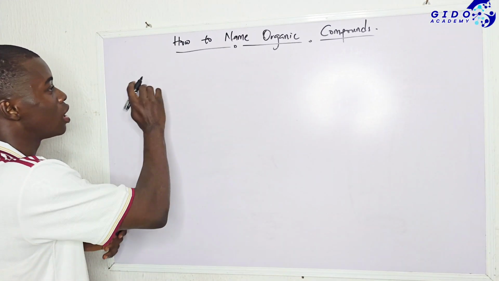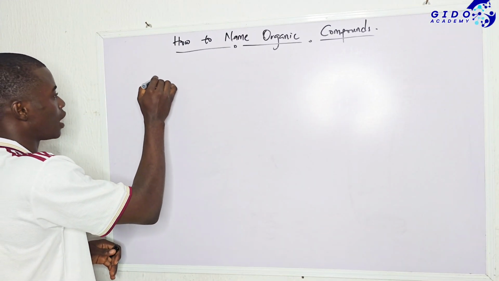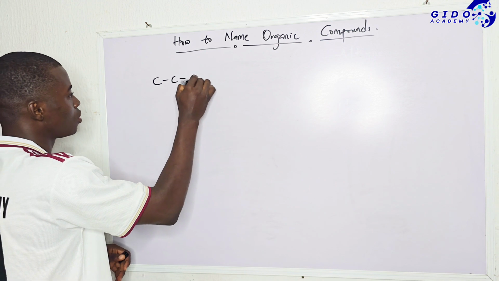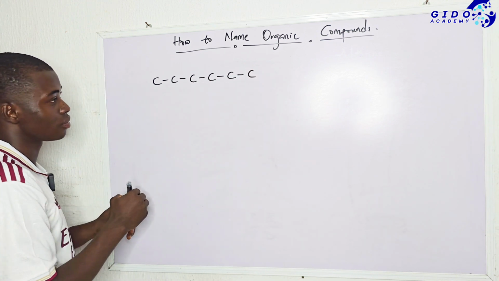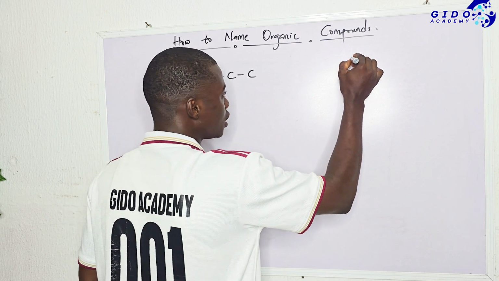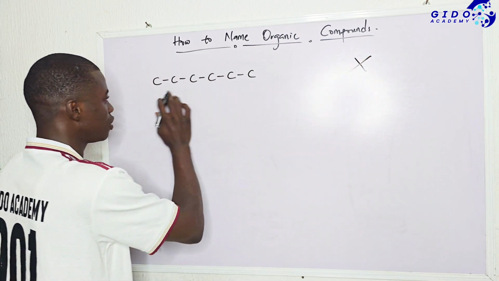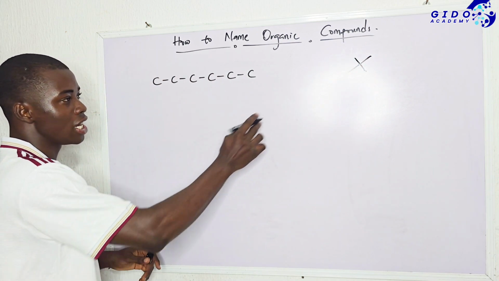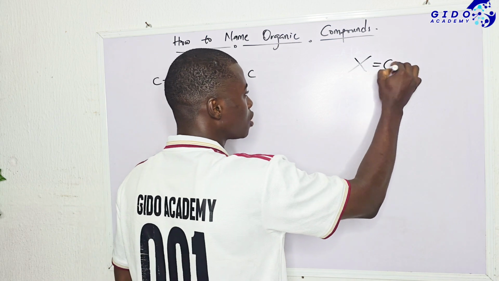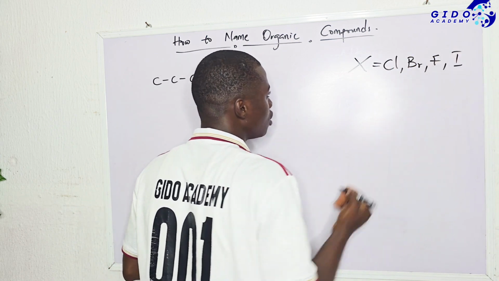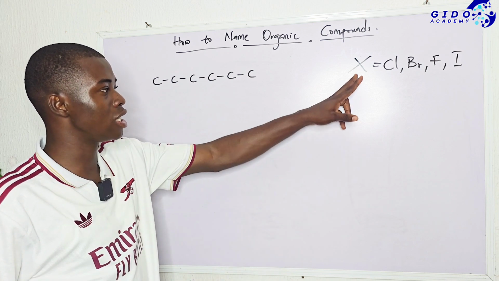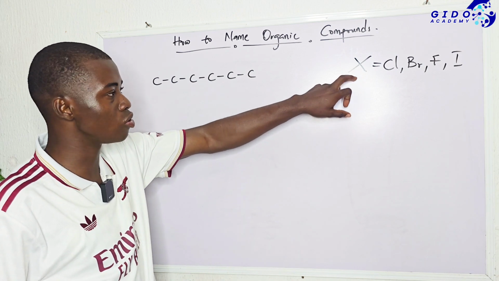Welcome back. If you have a structure of an alkane, let's say 1, 2, 3, 4, 5, 6, and it is bonded to X. This is an alkane. The reason why I call this an alkane is that it is singly bonded. It's bonded to X. X simply means chlorine, bromine, fluorine, and iodine. X is represented as the halogens, which are group 7 elements.